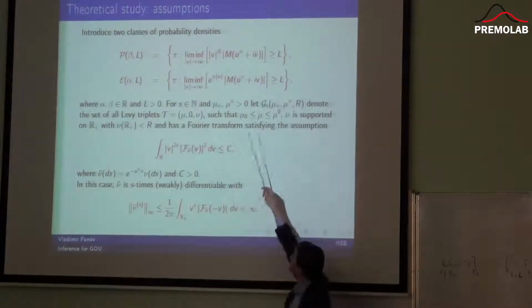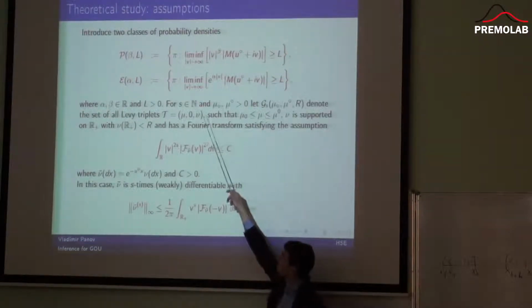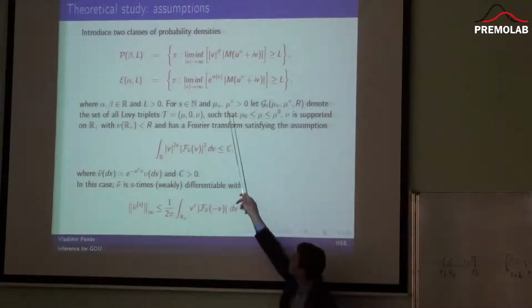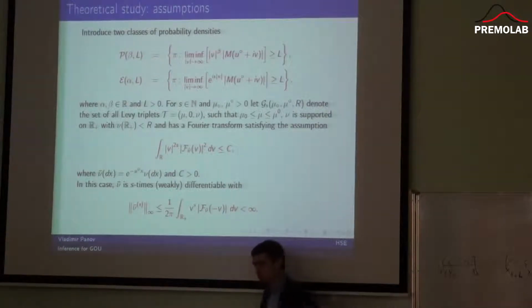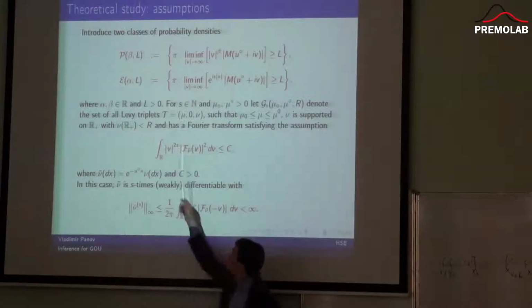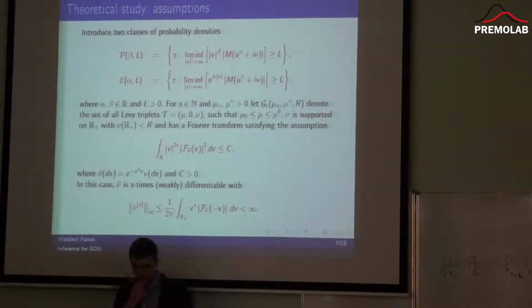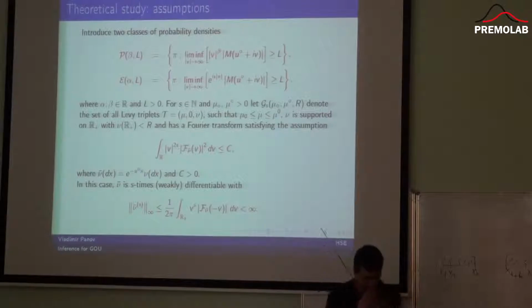So polynomial behavior, and the set of the corresponding densities pi we denote by capital P. And the second case, when the Mellin transform behaves exponentially, and this set we denote by E. Later I will show you the results. So they're essentially different for these two kinds of behavior.